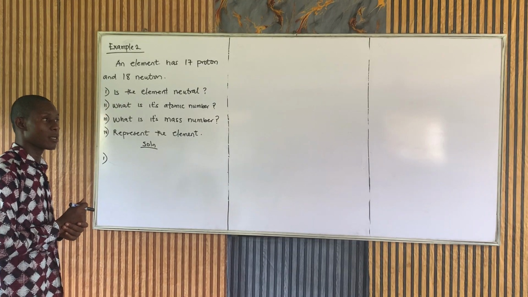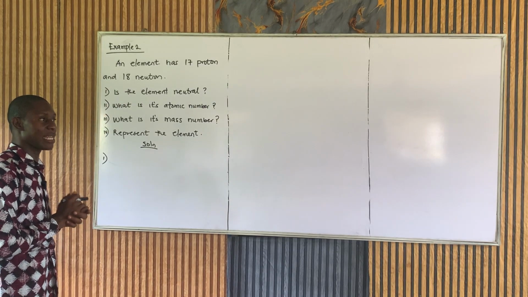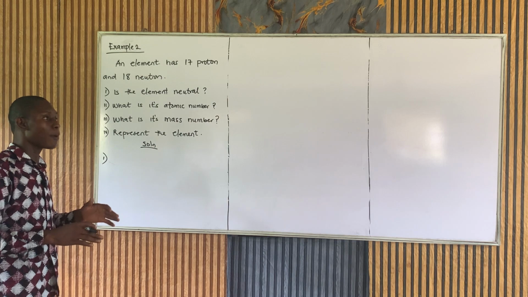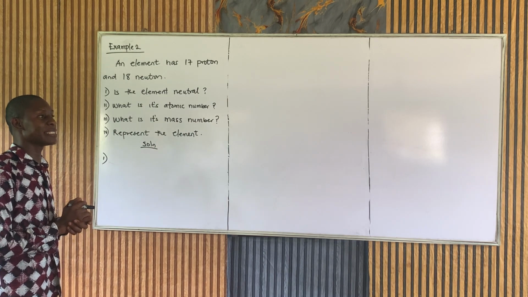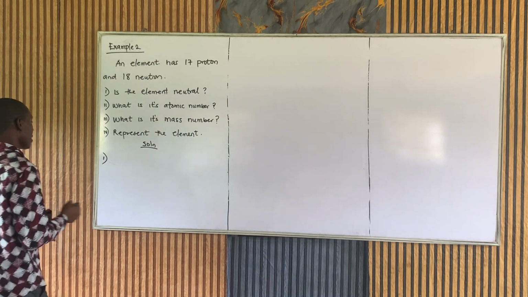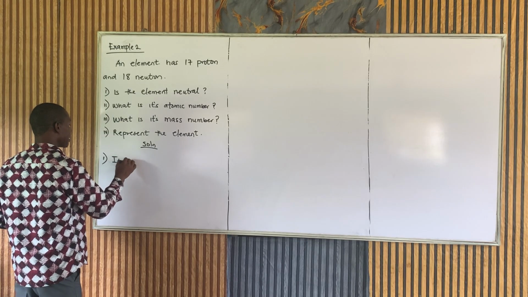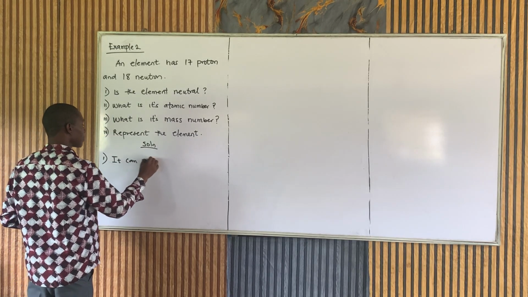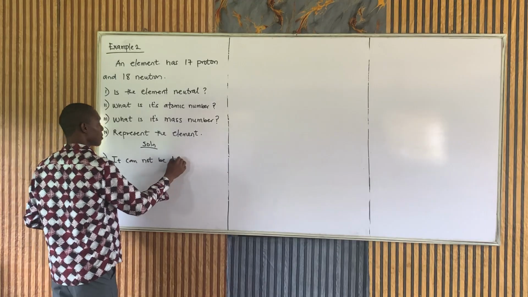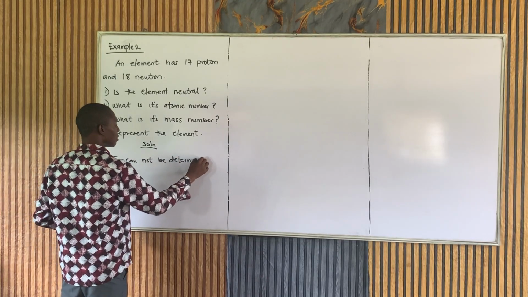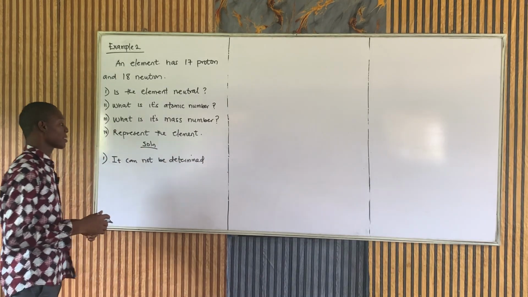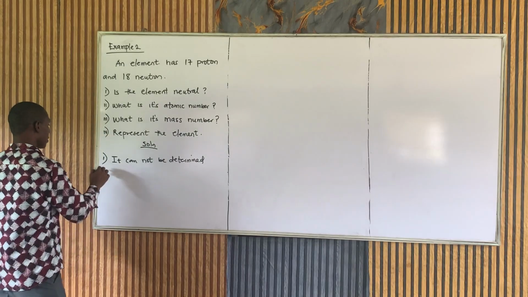Or if we were told that it has 17 electrons, then we could say it is neutral. But since we are not given any information concerning its electrons, it cannot be determined. So we cannot determine if it is neutral or not.